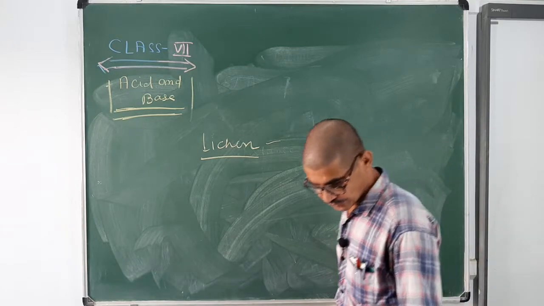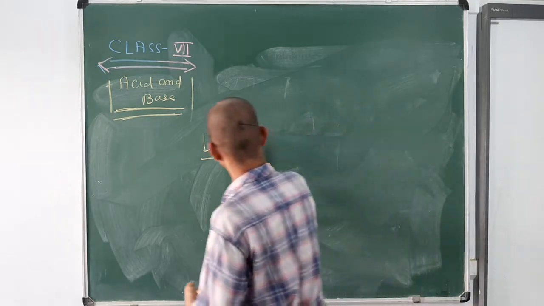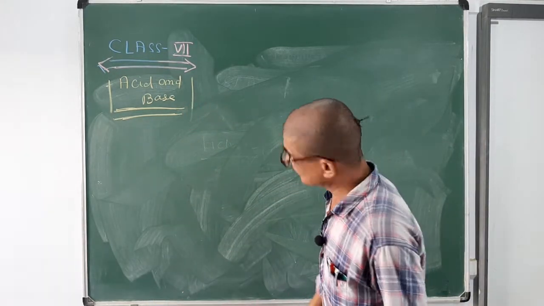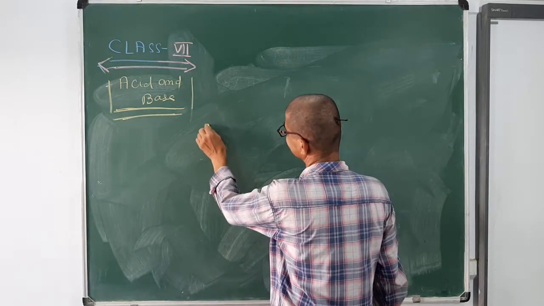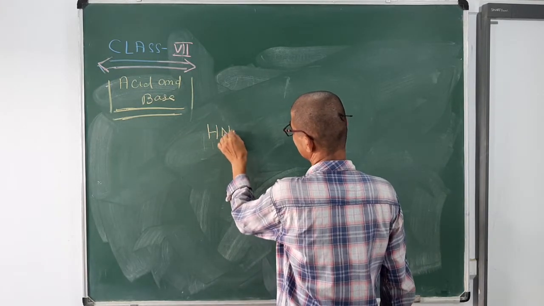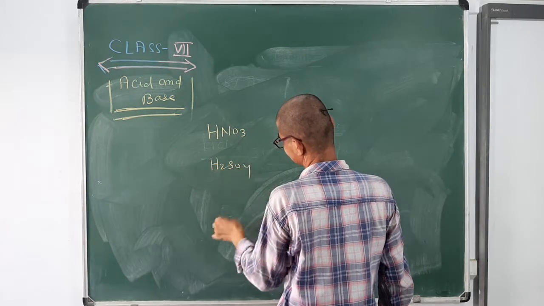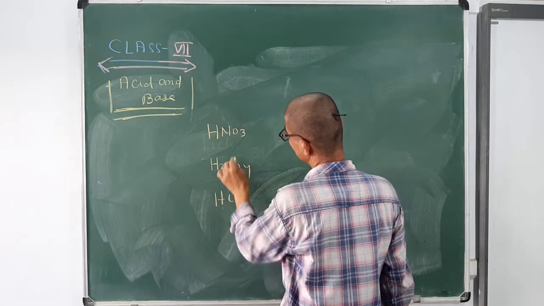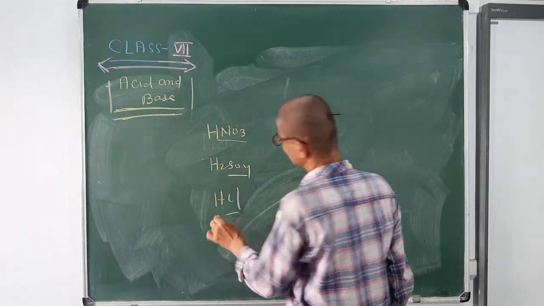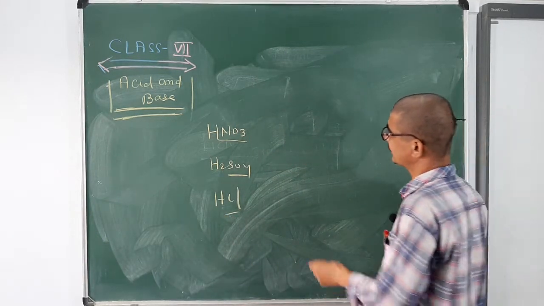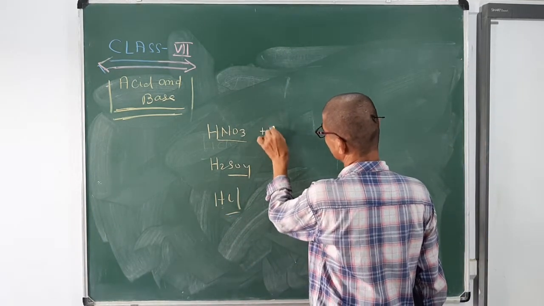Now I am just going to explain acid. This is called nitric acid. Now it is sulfuric acid, hydrochloric acid. So these are acids. In aqueous solution it gives hydrogen ion. Aqueous solution means water.